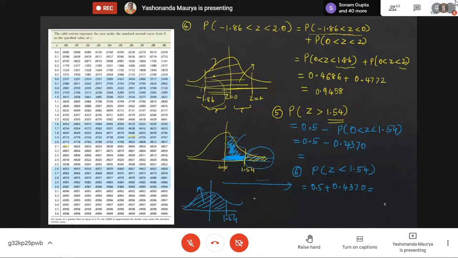Is this one clear? Now the next one, the seventh one. Find the probability that Z is less than minus 3.24. What will this be equal to? I need to erase some of the things, so I'll erase the initial part.